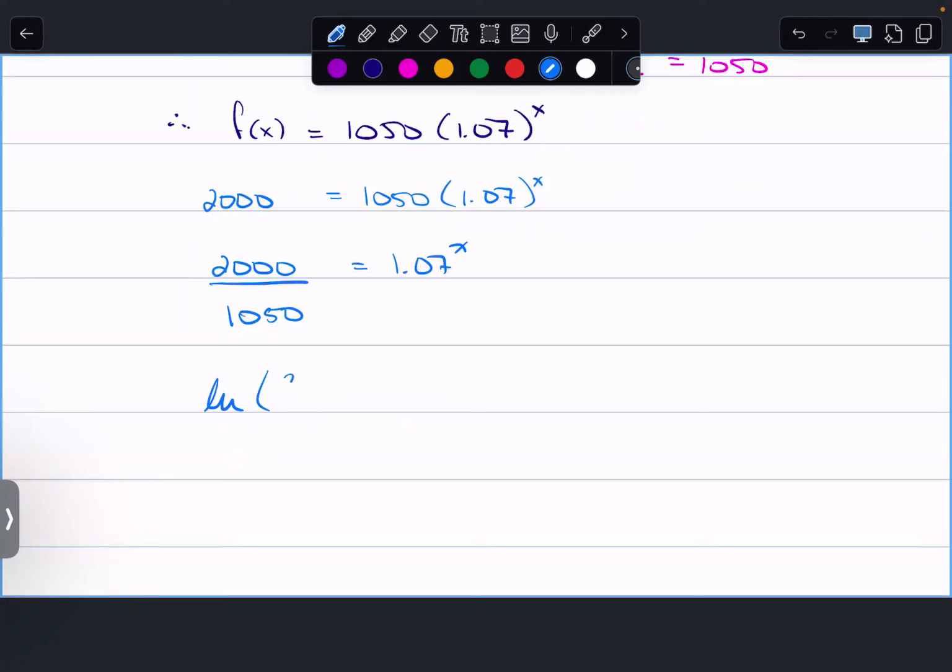Take the natural log of 2000 over 1050. I'll do the maneuver right away, because the reason I'm taking the log is to bring that x downstairs. So I have x times the natural log of 1.07.